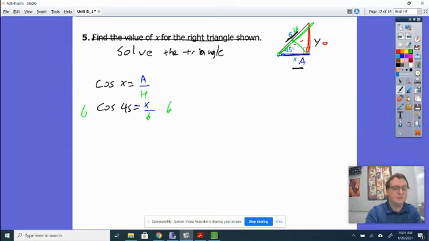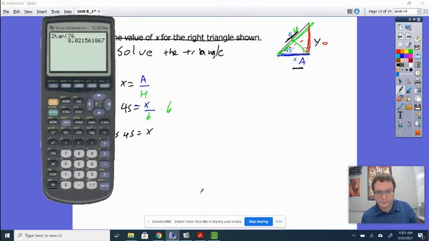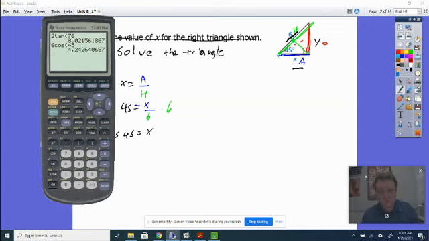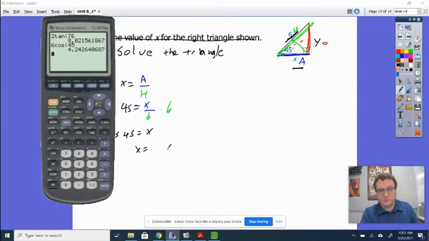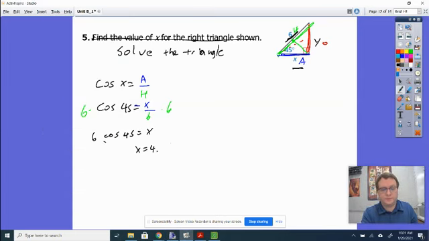That's nice. Or in the denominator. That's nice. So we got 6 cosine of 45 is equal to x. Plug that into my calculator. So 6 cosine of 45, 4.243.